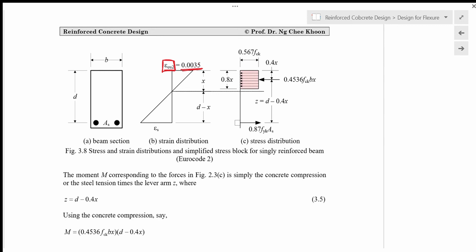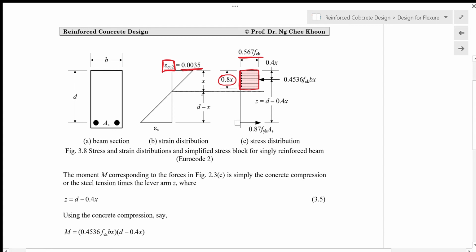And here we have eta fcd, so eta is 1, fcd is 0.567 fck, so that is the maximum stress in the rectangular stress block here. Lambda is 0.8 for characteristic strength of concrete of 50 megapascal or less, so you have 0.8x there, which is the depth of the compression block.